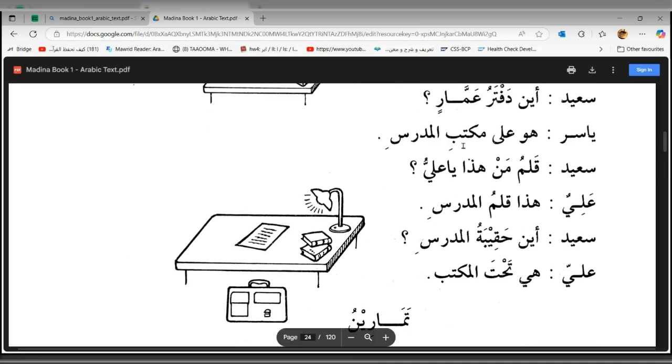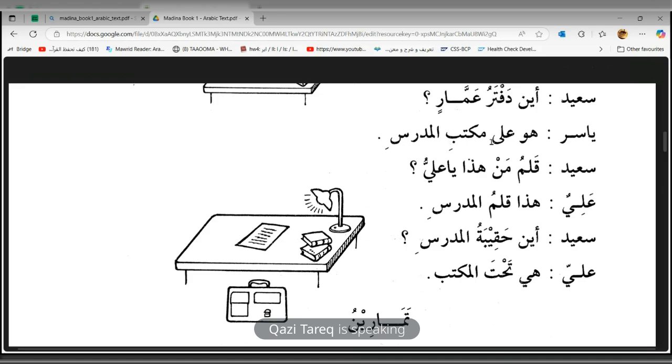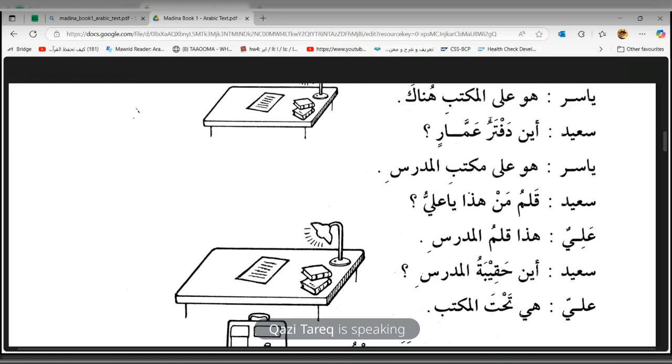Sorry, what is daftar? Daftar is notebook. Oh, notebook. So you are using the word, what's the Arabic word for possessive?